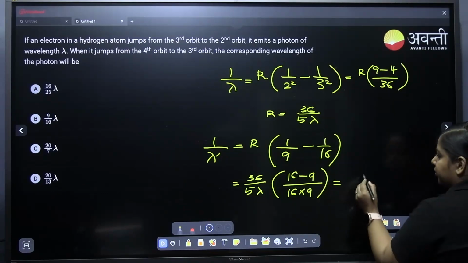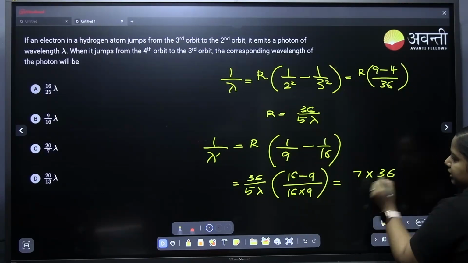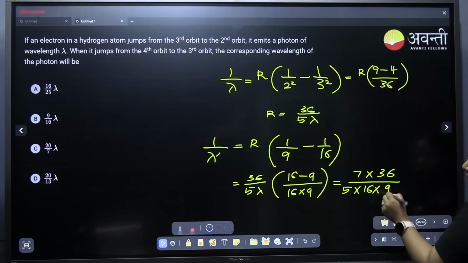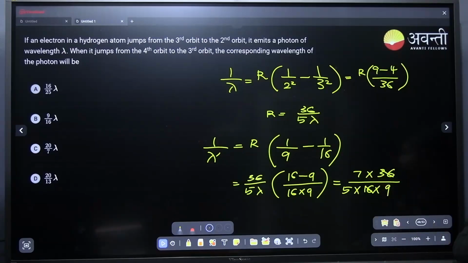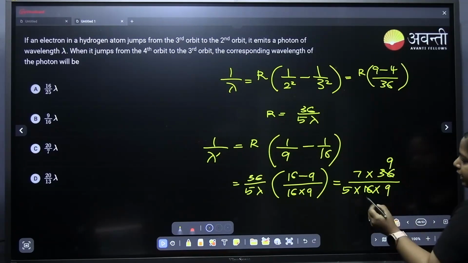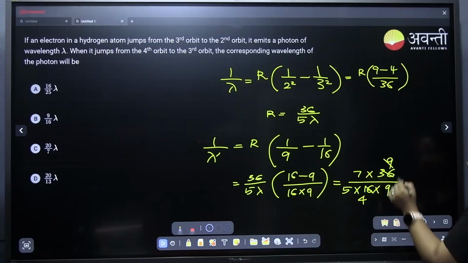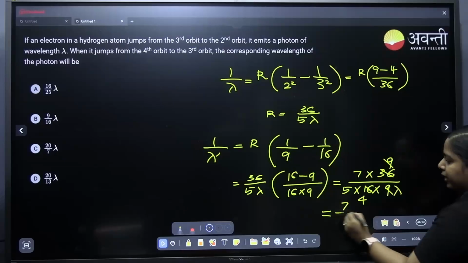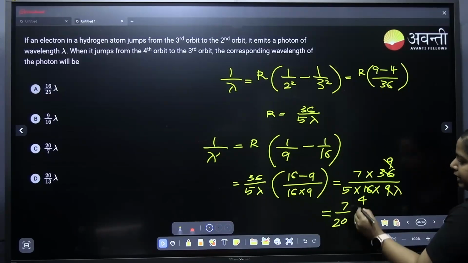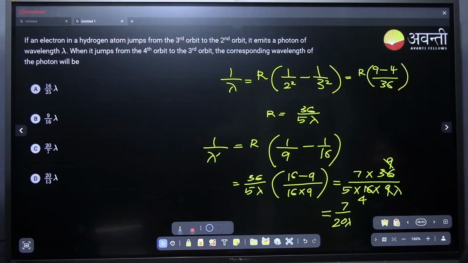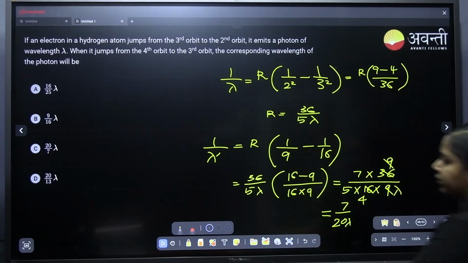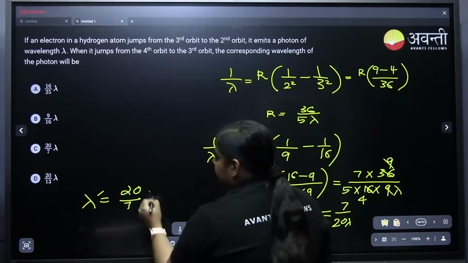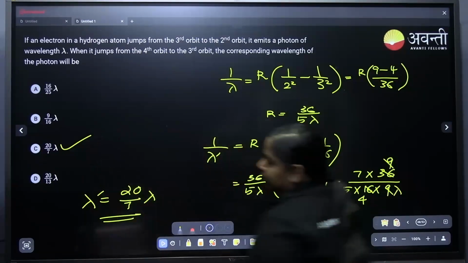So this is equal to 7 into 36 divided by 5 into 16 into 9. 16 and 36 we can reduce to 4 and 9, 9 and 9 cancel, so 7 by 20 lambda. So answer is lambda dash equal to 20 by 7 lambda. Option C.